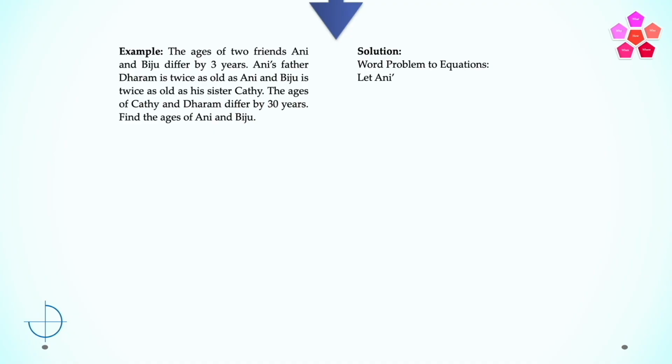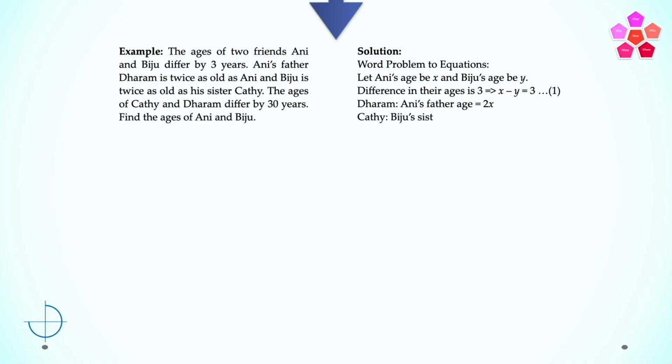Let Ani's age be x and Biju's age be y. Difference in their ages is 3, which implies that x minus y is equal to 3. This forms our first equation. Now, Dharam, who is Ani's father, is twice Ani's age. So, Dharam's age would be 2 times x.